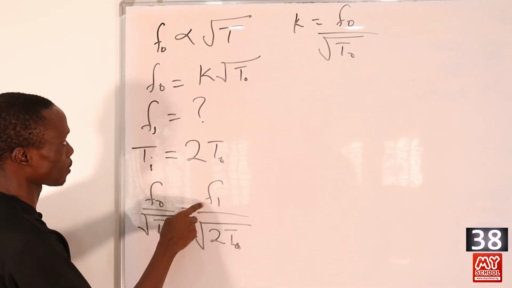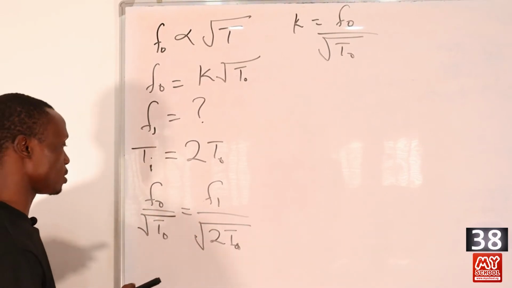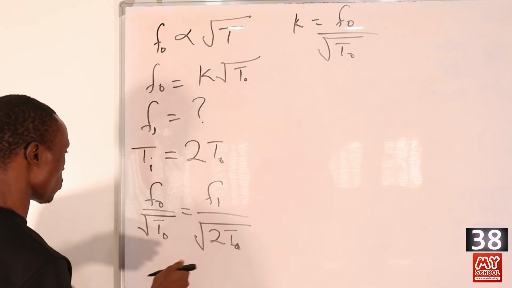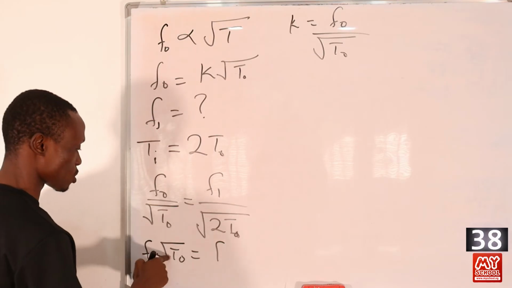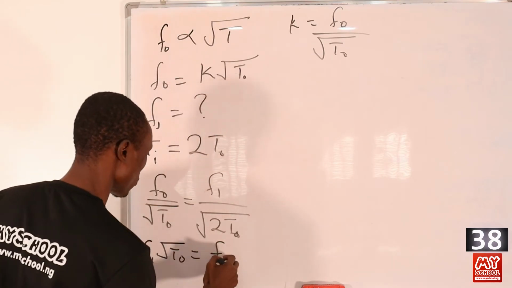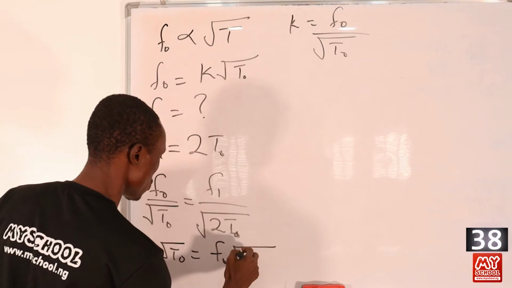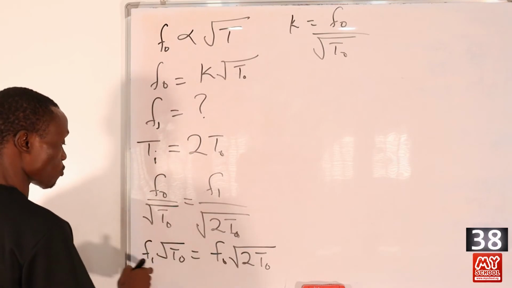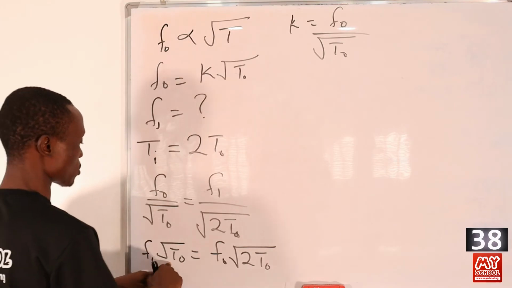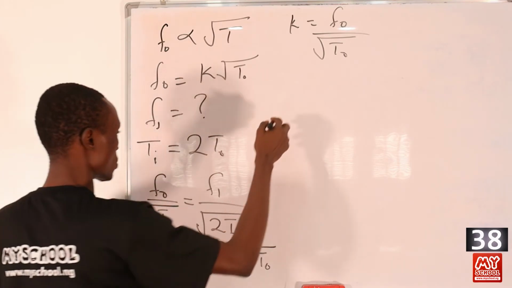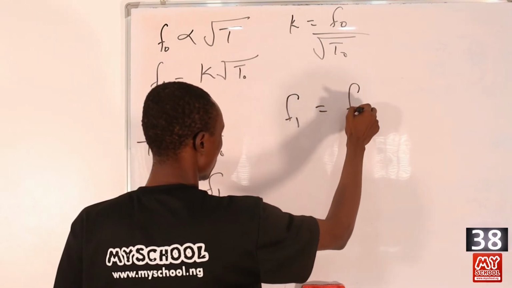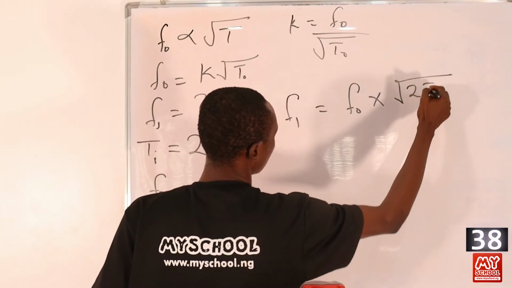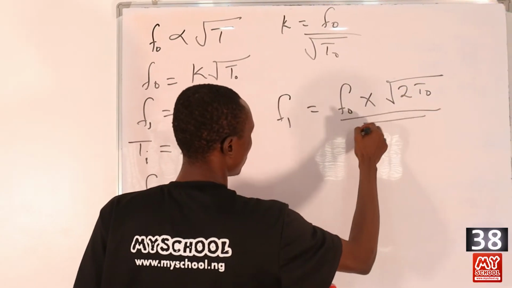Okay, now since we are looking for the new frequency, we are going to make the new frequency the subject of formula. If we cross multiply, we'll be having F1 times root T0 equal to F0 times root 2T0. Since we are looking for F1, we divide both sides by root T0, so that F1 is equal to F0 times root 2T0 all over root T0.